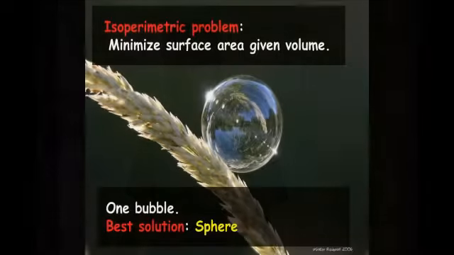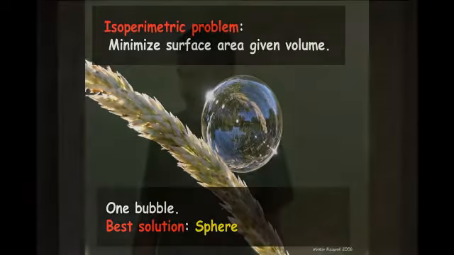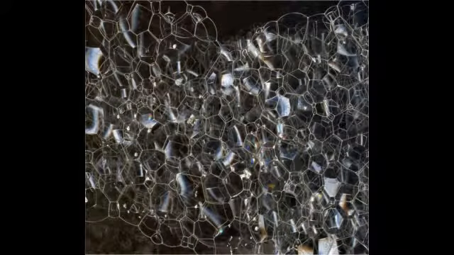And we know the answer. You see the answer. The minimum area is just when it's a sphere. So that's a simple problem. By the way, you should all verify that you can prove that this is the minimum surface area. But here's the harder problem: when you have lots of bubbles, this optimization problem is much more complicated.